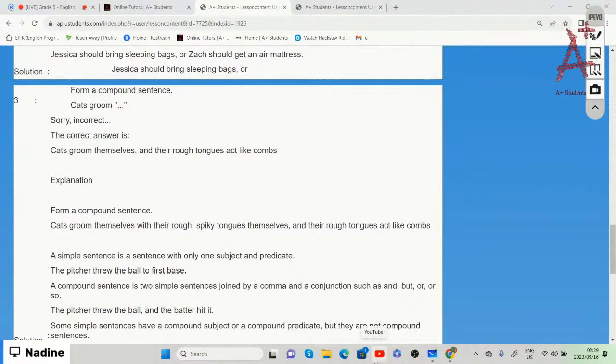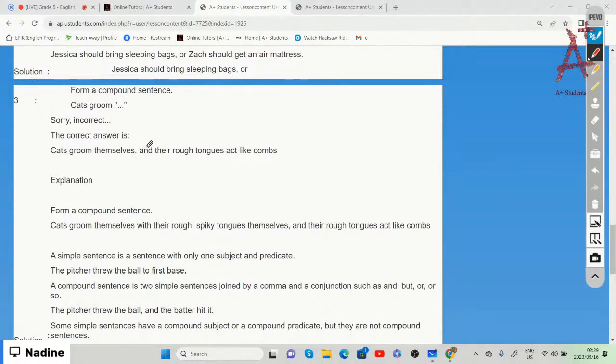So if we look at the compound sentence, at that word, comma, and, that is a coordinating conjunction joining these two simple sentences: cats groom themselves is sentence one, and their rough tongues act like combs is the second sentence, and it is joined by comma and.